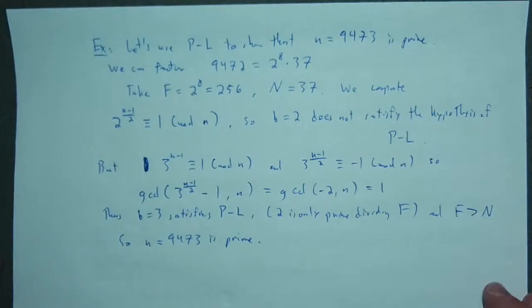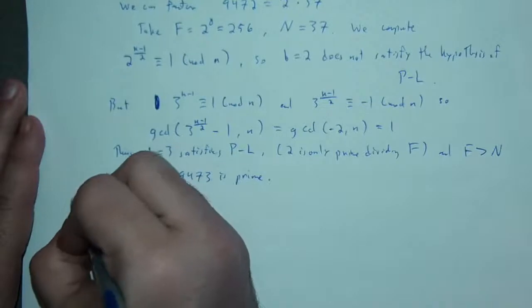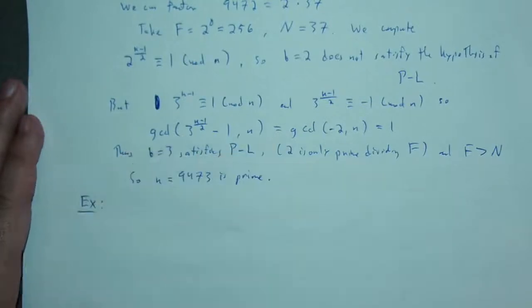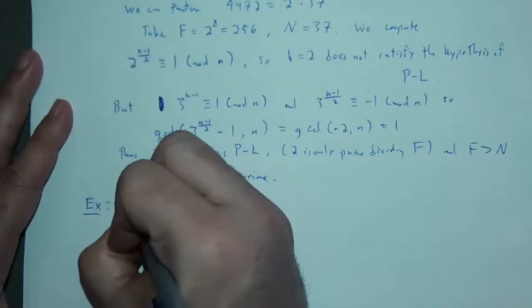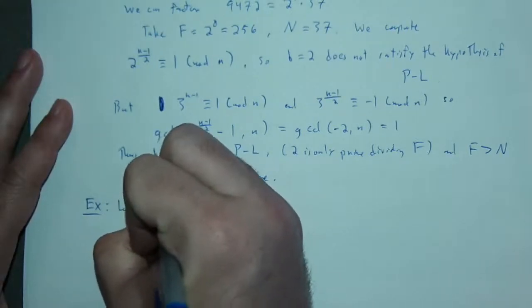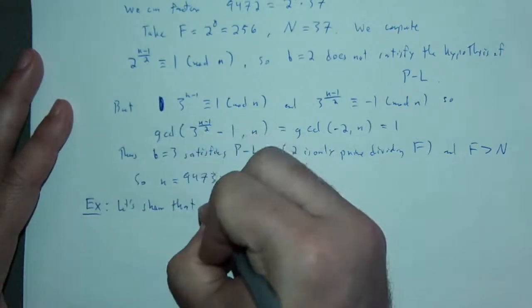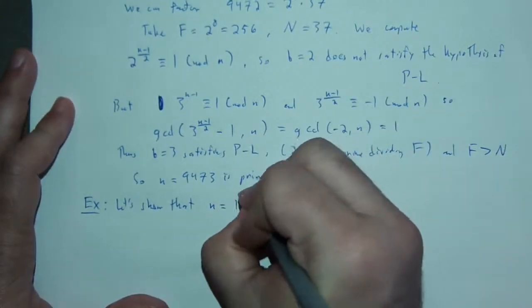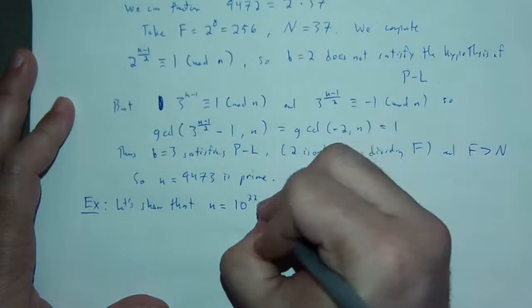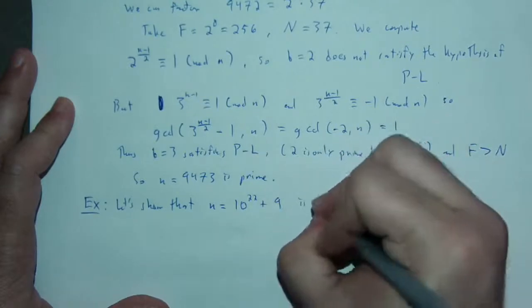Okay, so here's another example. So let's show that little n, which is 10 to the 22nd plus 9, is prime.